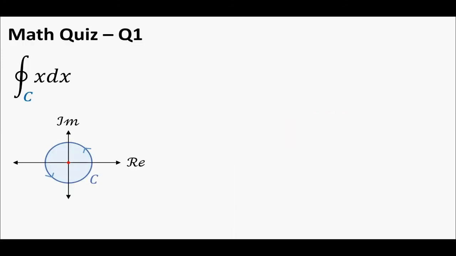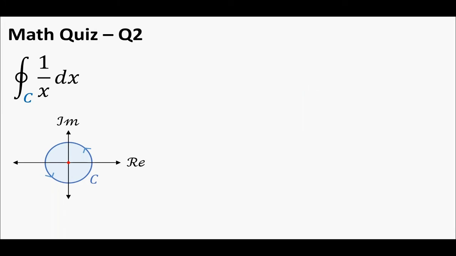So the first problem is the integral around just the function x. Since it's not 1 over x, we just know that this will be 0. And let's see if I'm right here. Yes, I'm right. So that was easy.